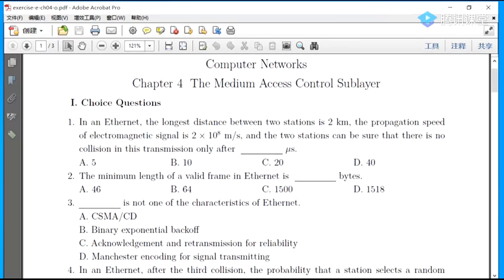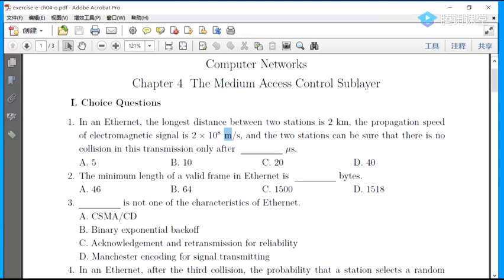Question 1. In the Ethernet, the longest distance between two stations is 2 kilometers. The propagation speed of the electromagnetic signal is 2 times 10^8 meters per second.